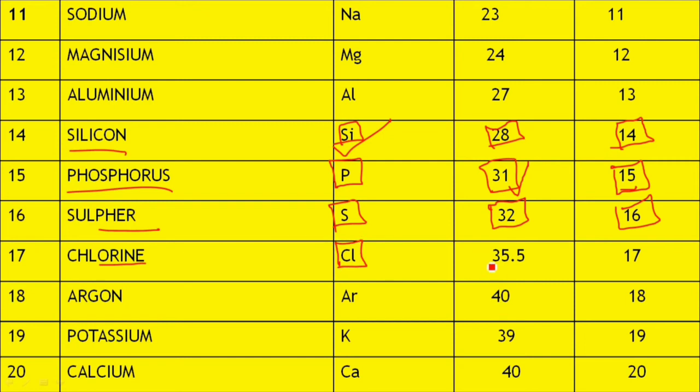Its atomic weight, that means atomic mass, is 35.5 and its atomic number is 17. Next, argon. Its symbol is Ar.